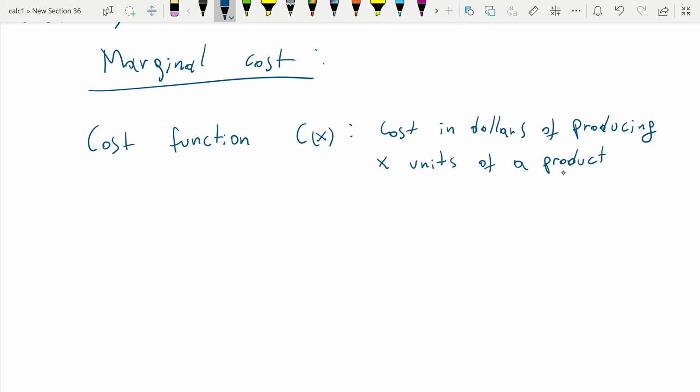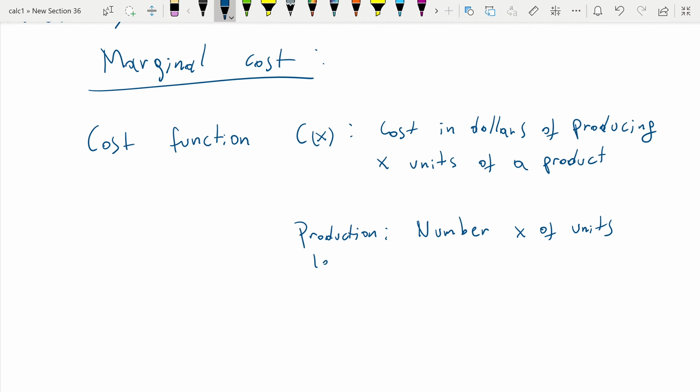Now we have the production also, and this is the number x of units.